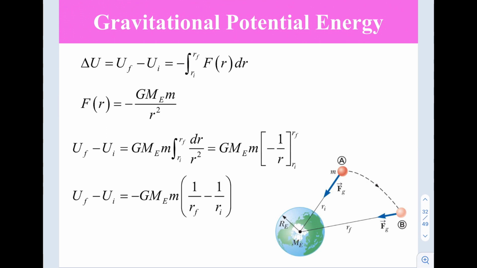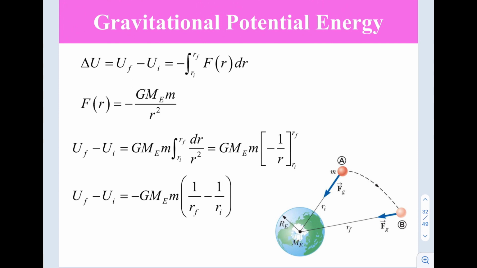So the change in potential energy experienced by the object, since it changes position, is U final minus U initial, which is equivalent to the negative of the integral of F(r) dr from initial r to final r.